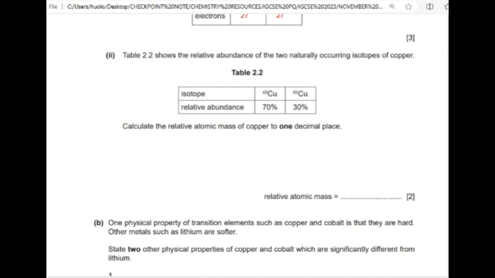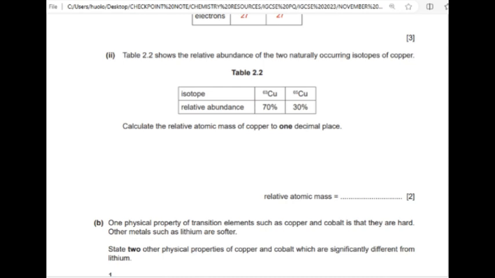Roman figure 2, and the question, table 2.2 shows the relative abundance of the two naturally occurring isotopes of copper. So we have copper 63 to be 70%, copper 65 to be 30%. What this simply means is that it is possible for you to have copper atoms handy and count them.